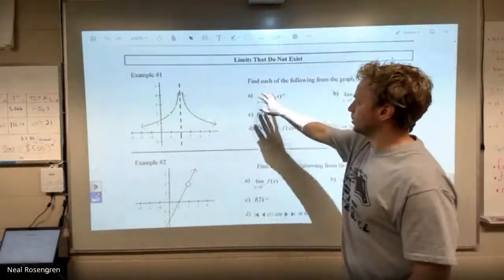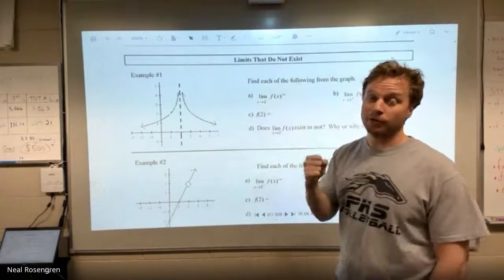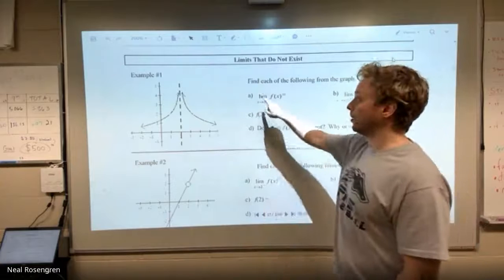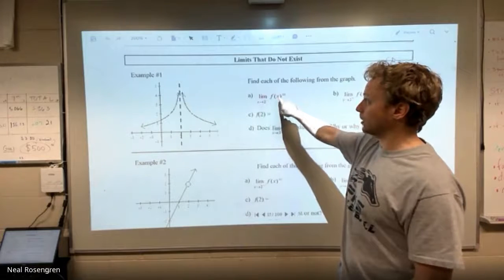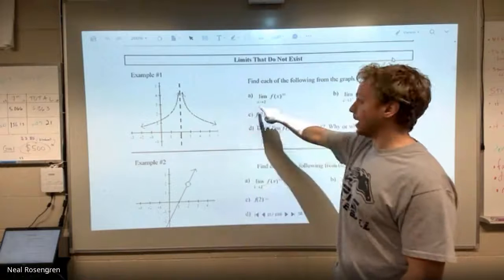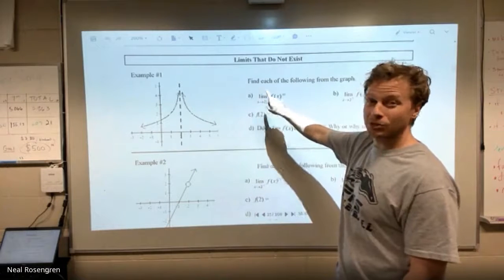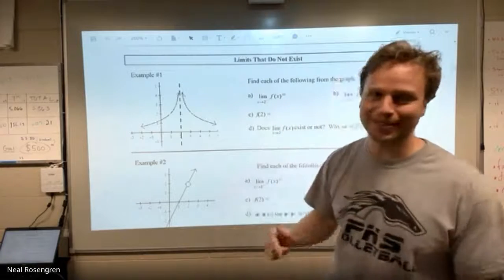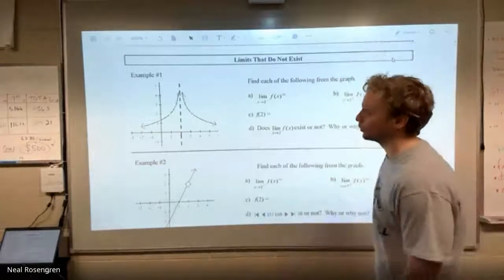And there's that notation, right? I would love for you to know how to say this well. The limit of f of x as x approaches 2 from the left. Being able to read the notation in calculus is going to play a really big role in your success.